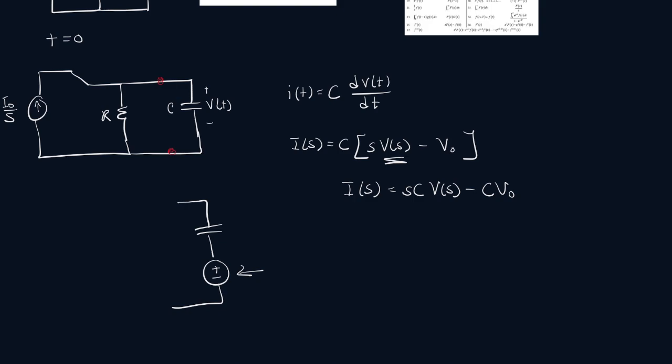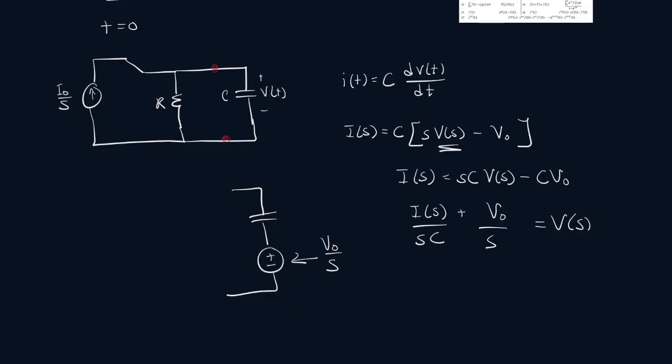Okay, so we have to isolate for this. So we see our voltage source will have to be V0 over s.